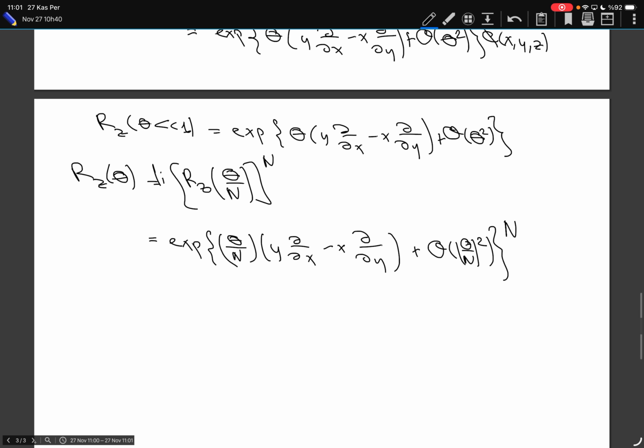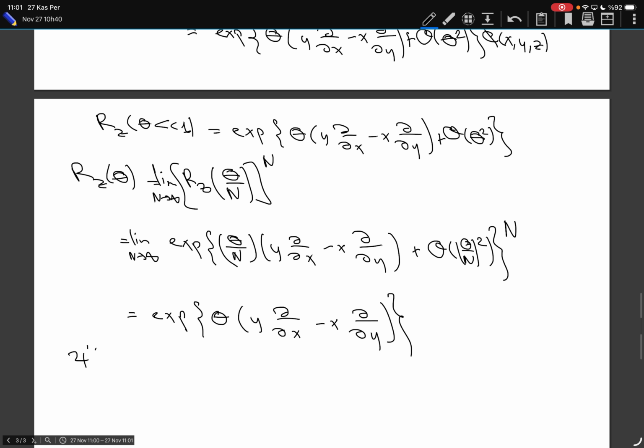But I should also take the limit as n goes to infinity. I have infinitely many infinitesimal steps. But this is exponent of theta y del over del x minus x del over del y.